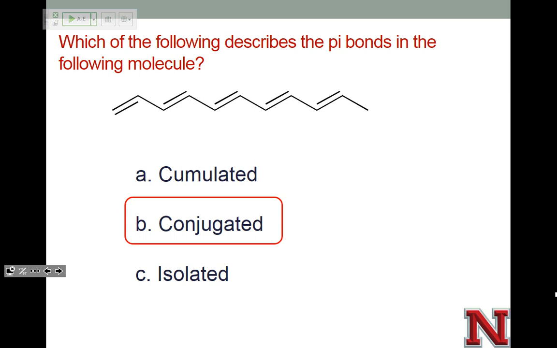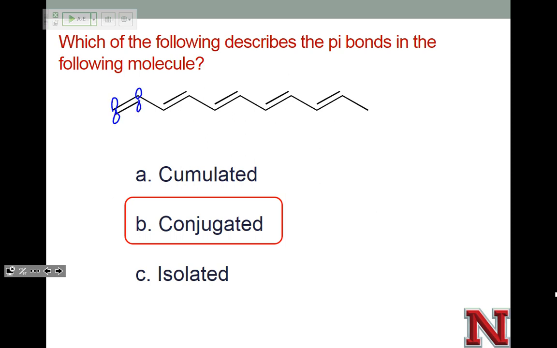How many unhybridized p orbitals are there? How many p orbitals are there on each carbon of the double bond? There's 10 unhybridized p orbitals. Each carbon has an unhybridized p orbital that is in the pi system.